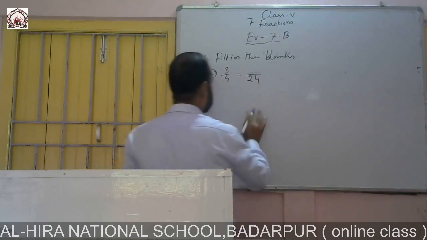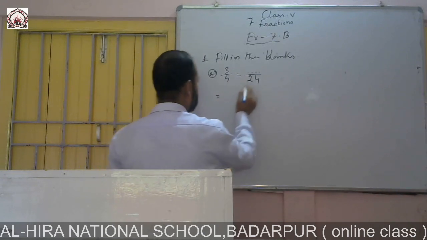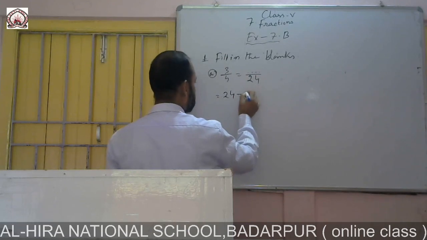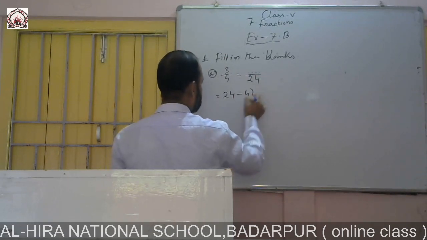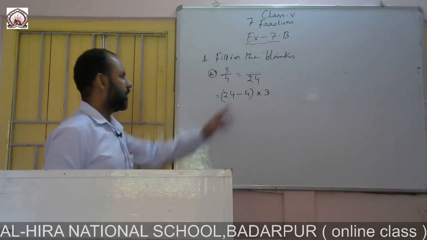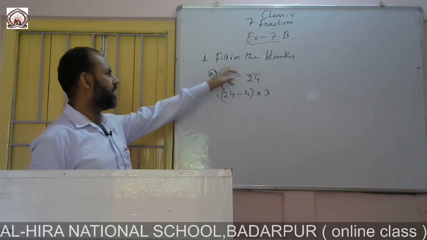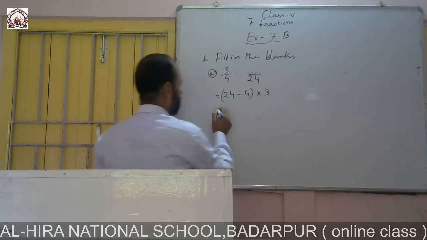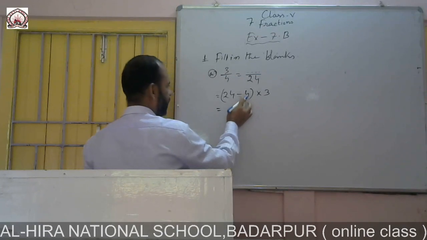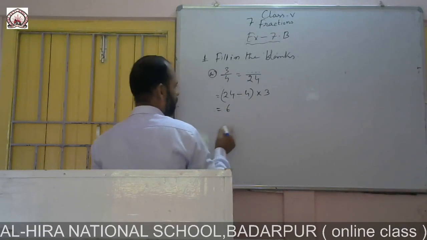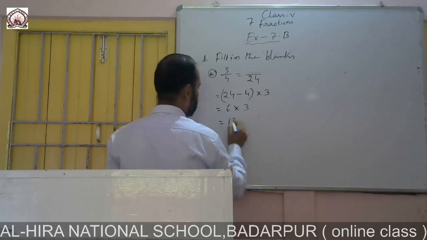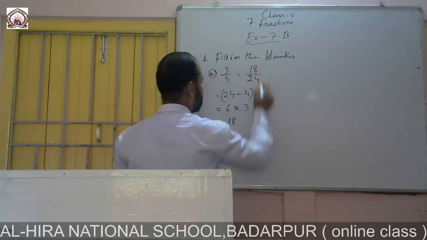So 24 divided by 4 into 3. So 24 divided by 4 equals 6, into 3. So 6 3s are 18. Answer is 18.